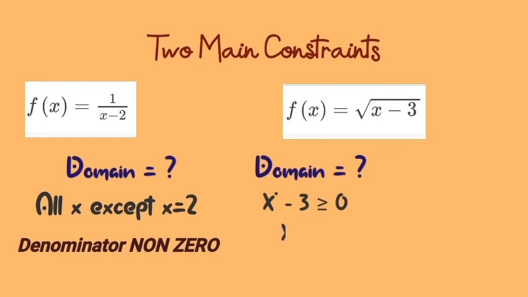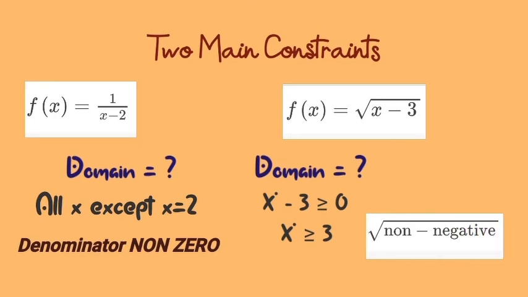This means x has to be greater than or equal to 3. x can take any value which is greater than or equal to 3. That brings us to the second constraint. Even roots can have only non-negative numbers under them. Remember this well: the denominator has to be non-zero, and even roots cannot have a negative number under them.